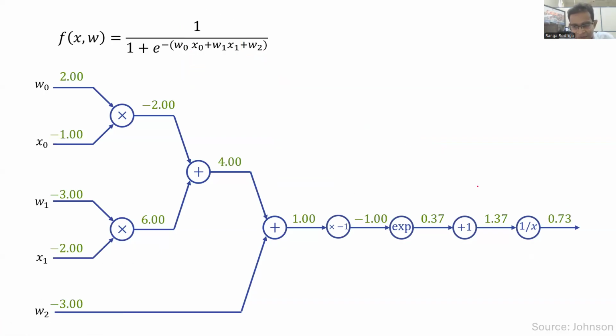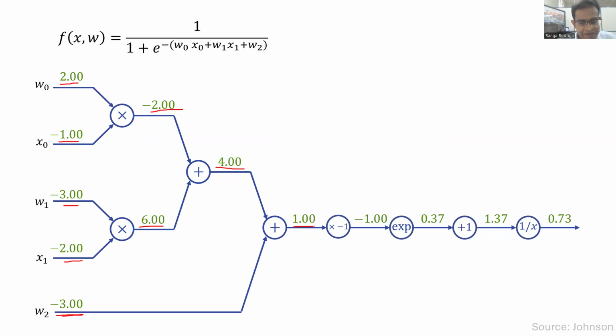So I hope it is very clear what this is. And then we assume these numbers: 2, minus 1, minus 3, minus 2, and 3. First of all, we multiply 2 and minus 1, so you get minus 2. Multiply minus 3 and minus 2, you get plus 6. You add those two: minus 2 plus 6 is 4. And then you have minus 3 here, that also you have to add.